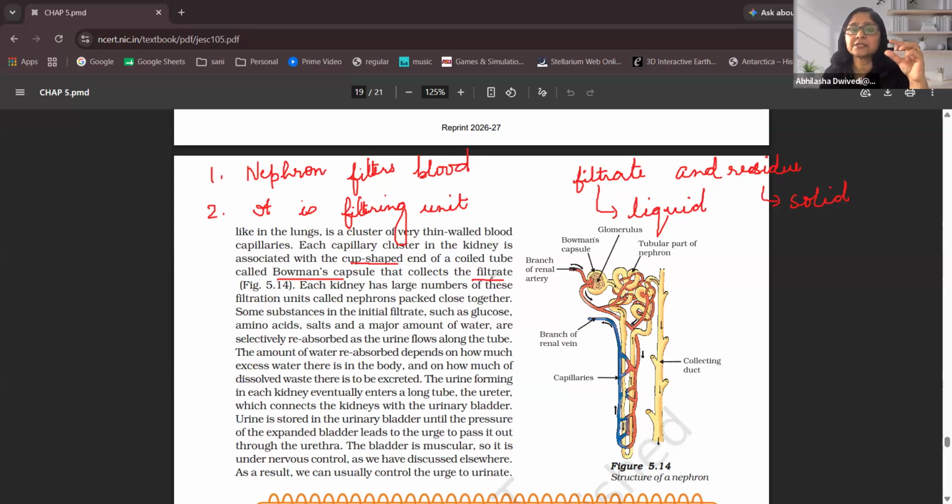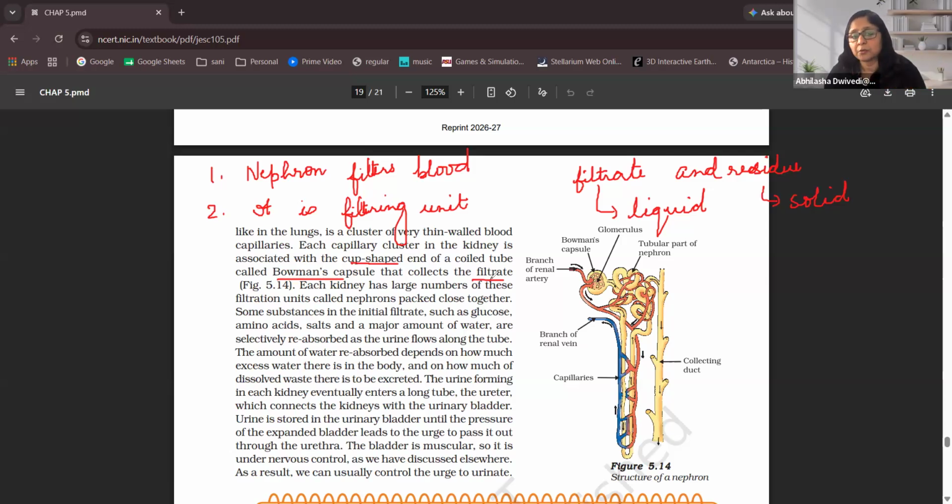In this case, the residue would be the RBC and the protein. That means protein and the RBC never enter inside the Bowman's capsule. Why? Because they are large in size and they cannot get in the tiny holes there.